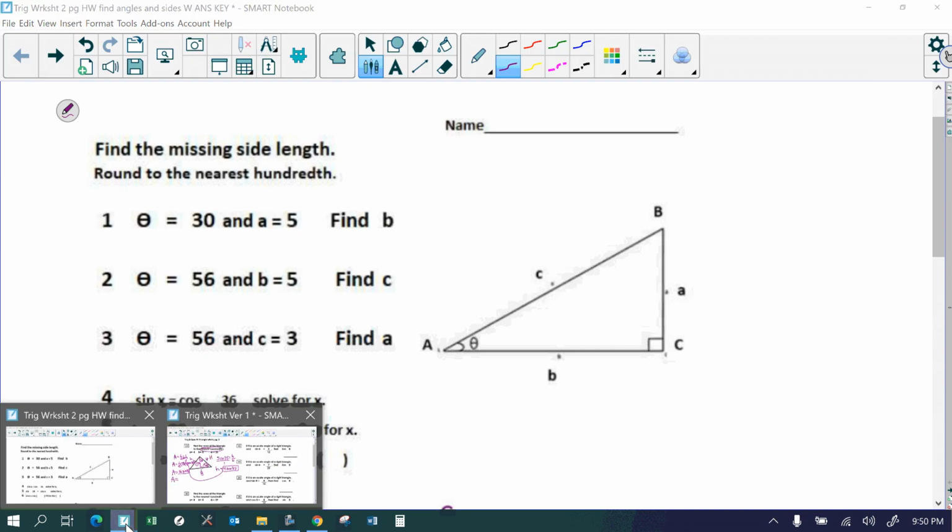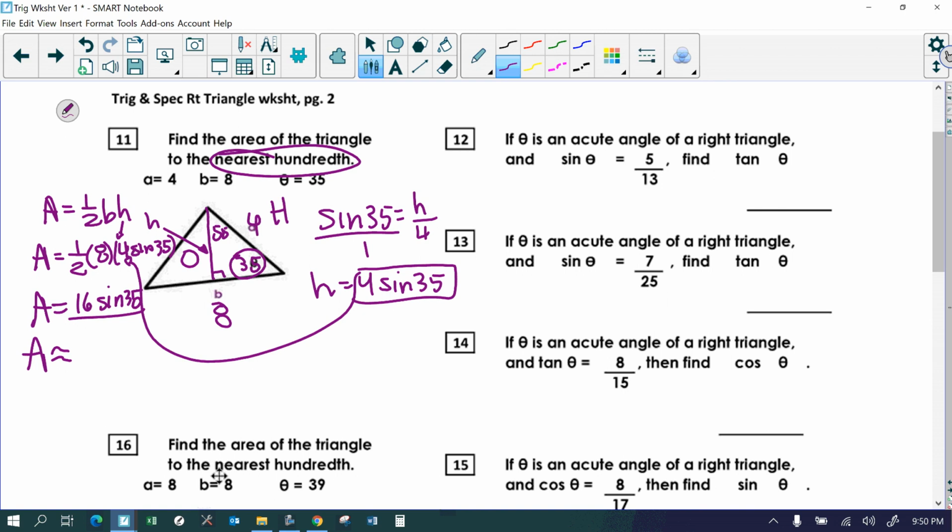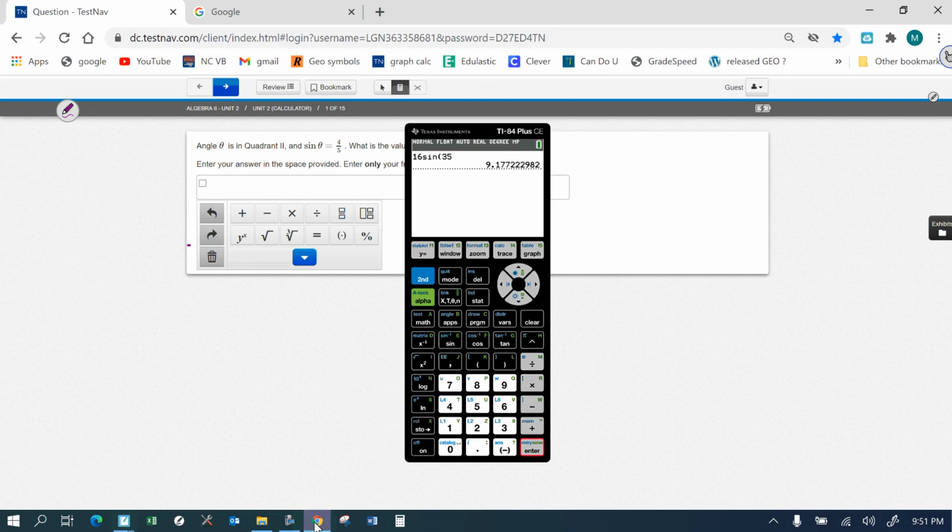Oops, wrong one, let's do the other worksheet. 16 sine 35 is, so the total area is 9 point, what was it again?